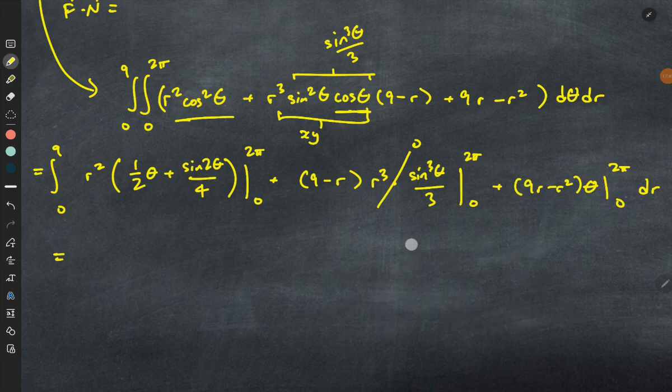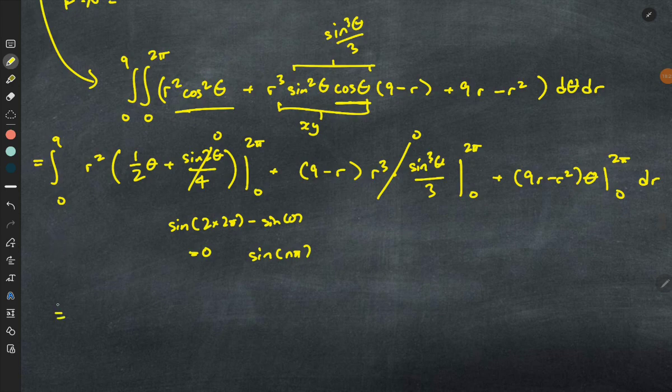And then here we know that sine of 2 times 2 pi minus sine 0 is also 0 because both of these values equal 0. Sine n pi is essentially equal to 0. Any multiple of pi within a sine is equal to 0, and that just comes from how the sine function looks. So that goes to 0.